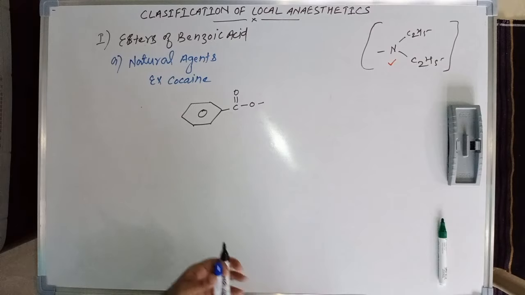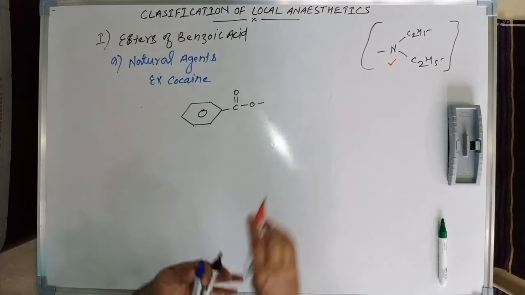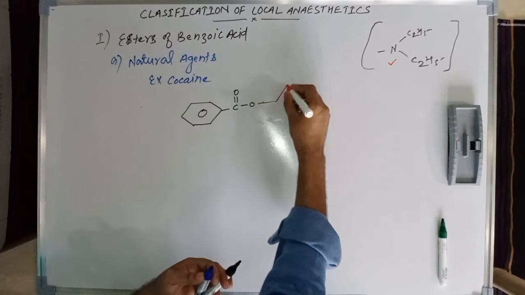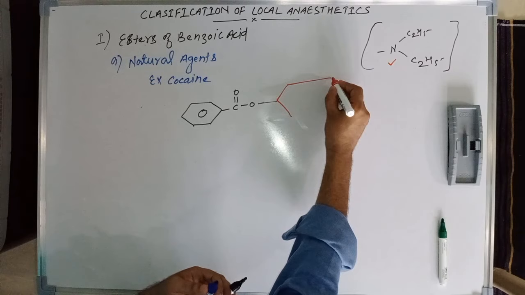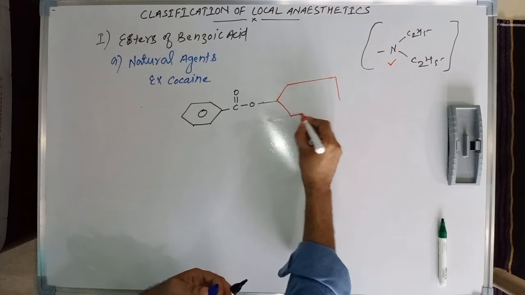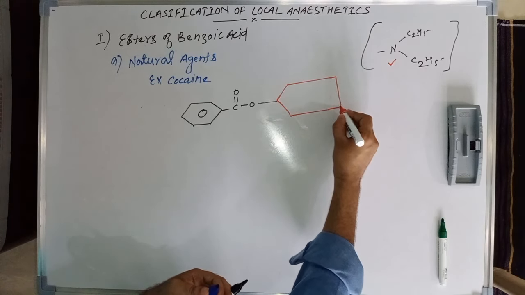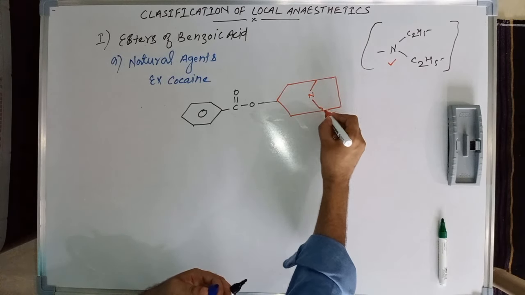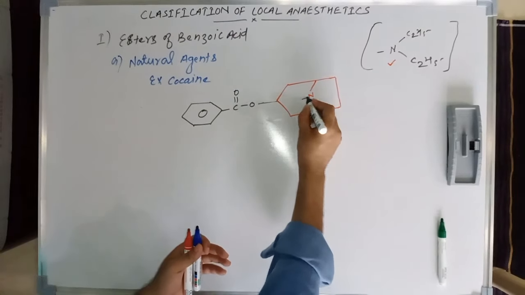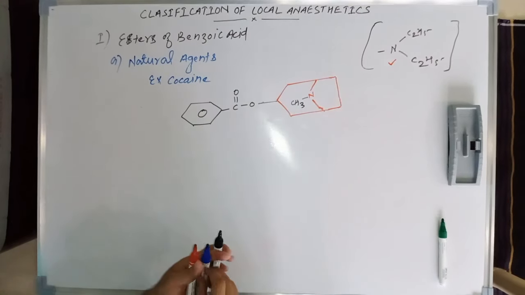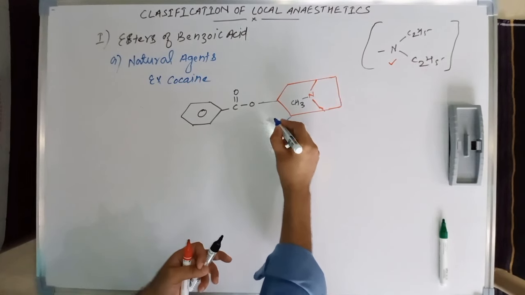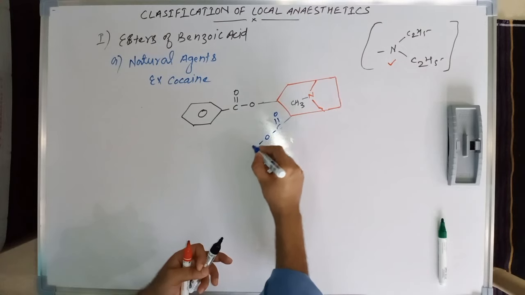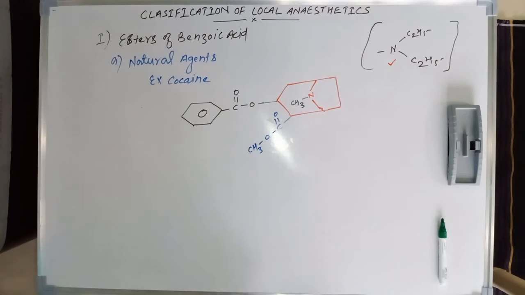It is this 8-membered cyclic ring, and here C double bond O, CH3.